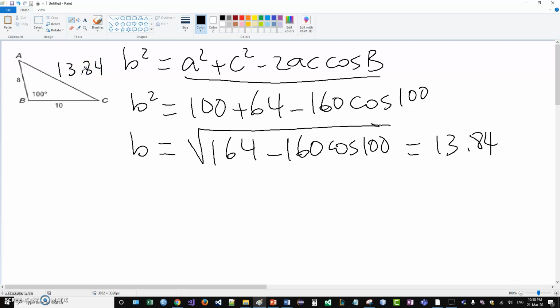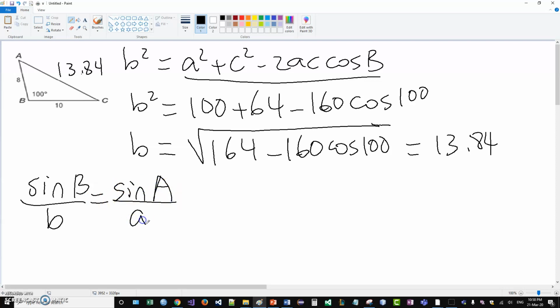Now the next step would be to find either angle A or angle C. To do that, we're going to use the law of sines. So we can say sine B over b equals sine A over a.